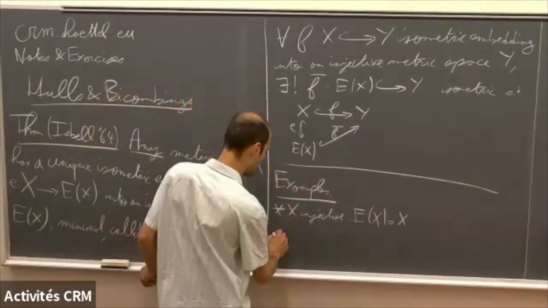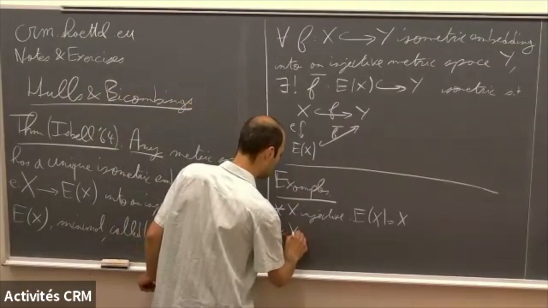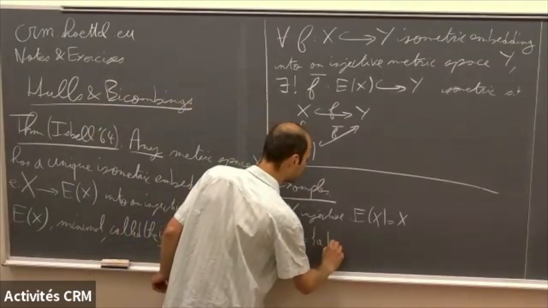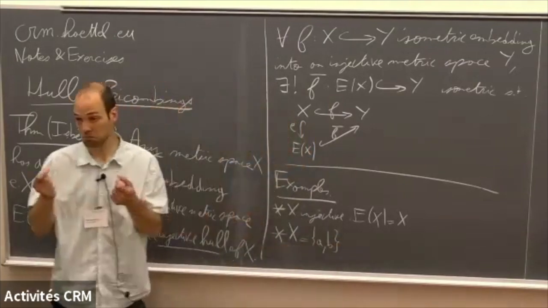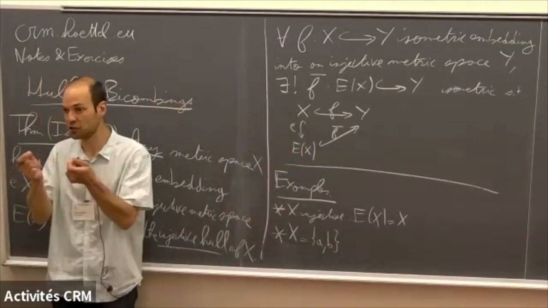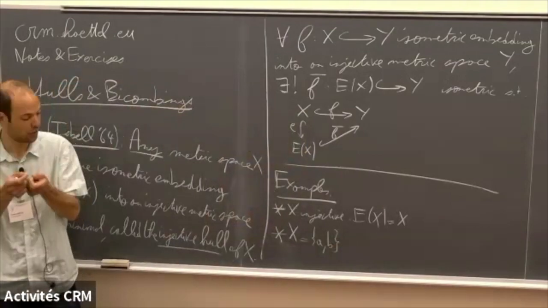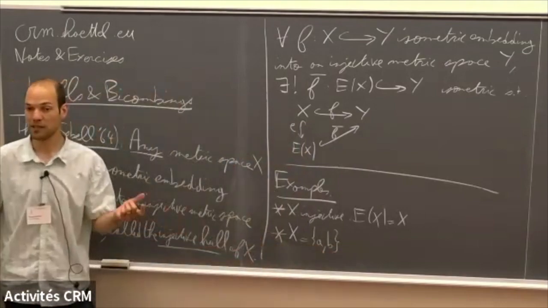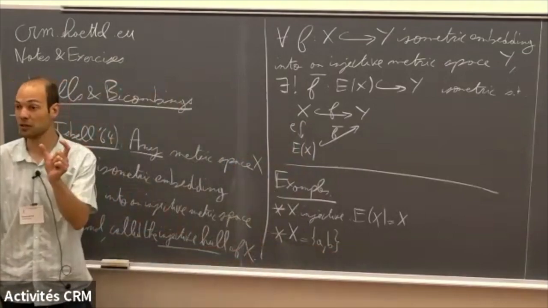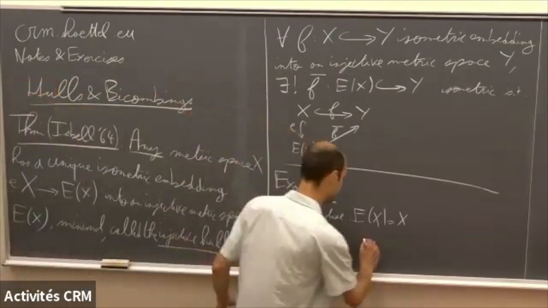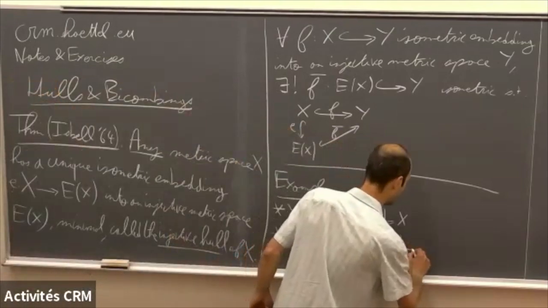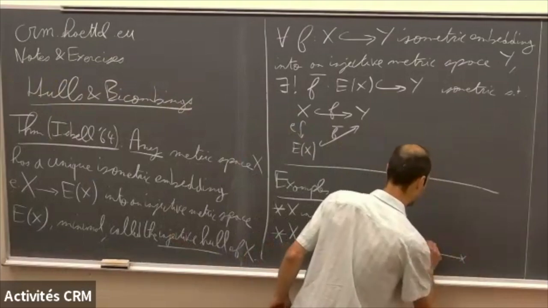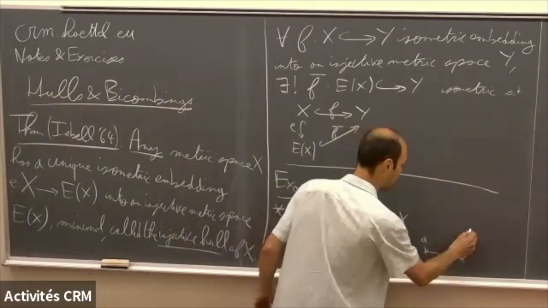Most interestingly, if X is a metric space consisting of two points, A and B, with some positive real number as the distance between A and B, what do you think is the injective hull of two points? The interval. The injective hull is just the interval between A and B. And what is the length of the interval?